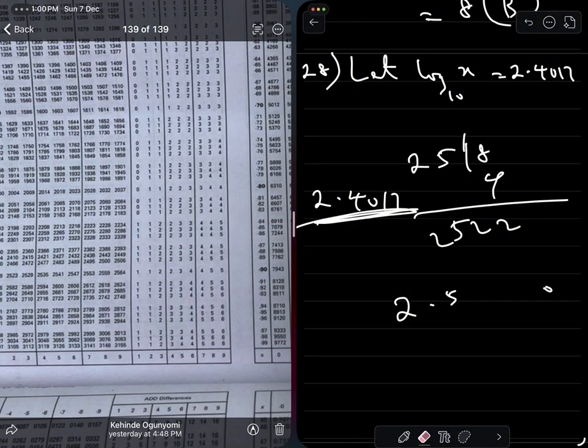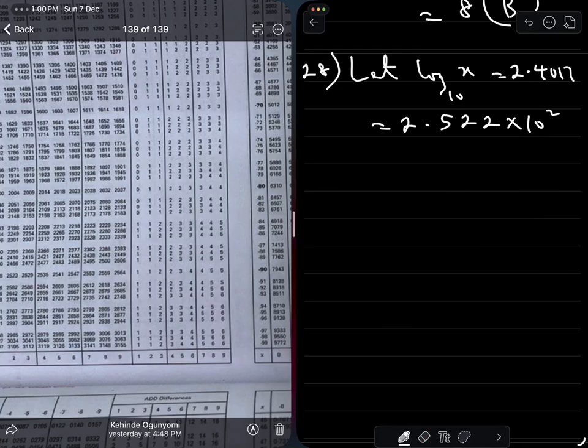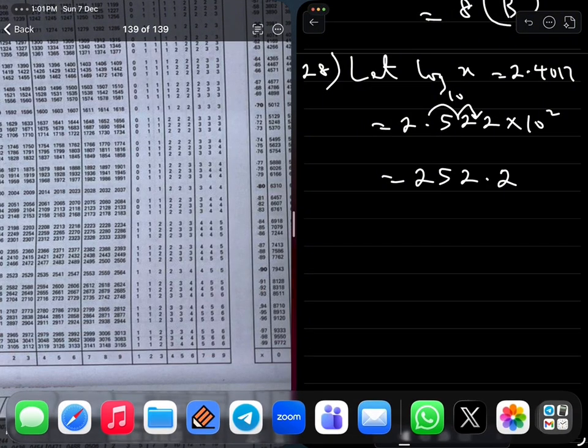So that means, let's keep the value, x is equal to 2.522 times 10 raised to the power 2. Is that correct? Yes. 2.522 times 10 raised to the power 2, and we move the decimal 1, 2 places. That's equal to 252.2.